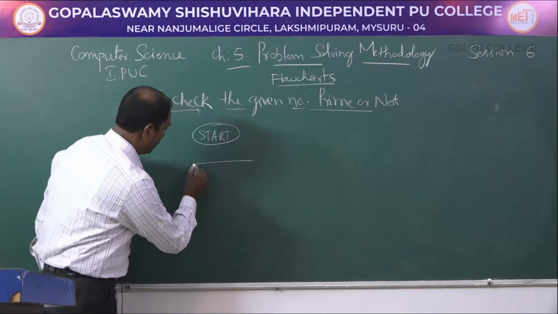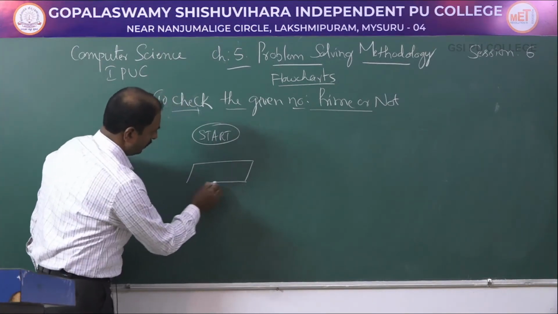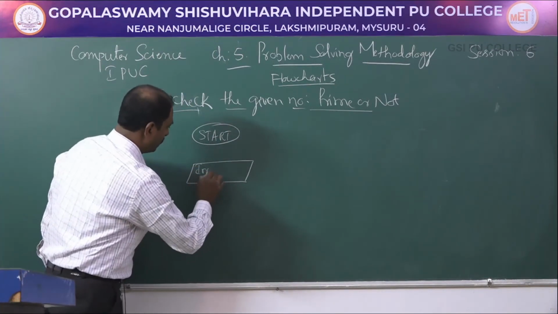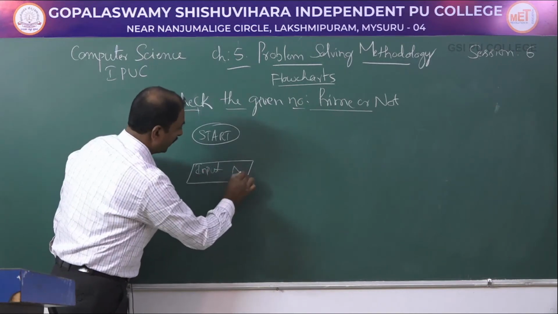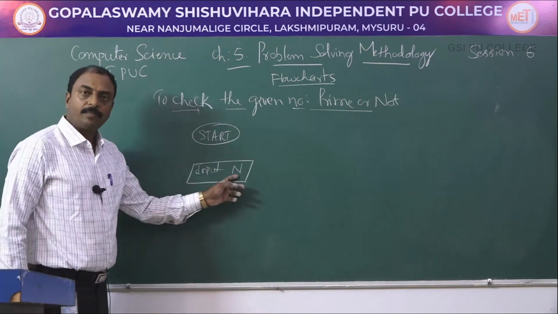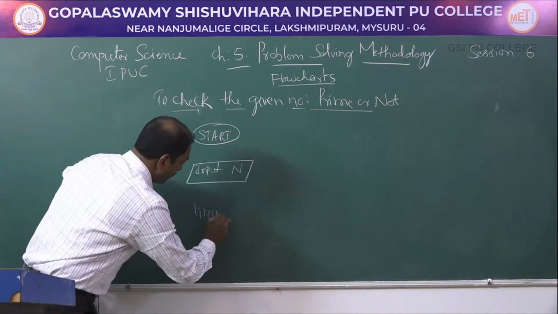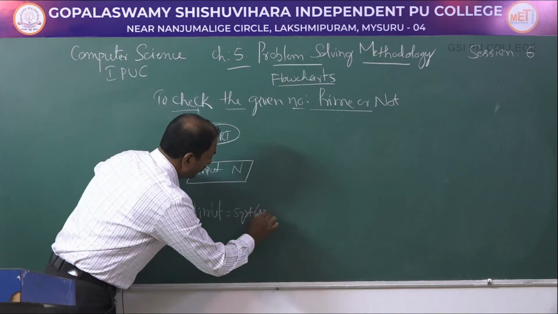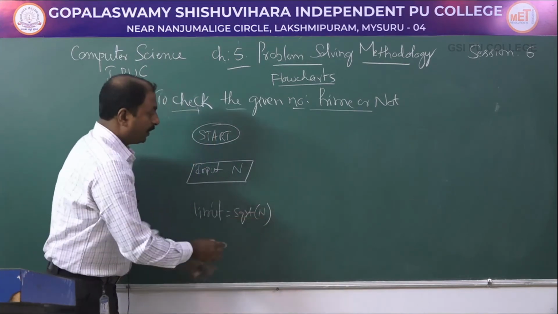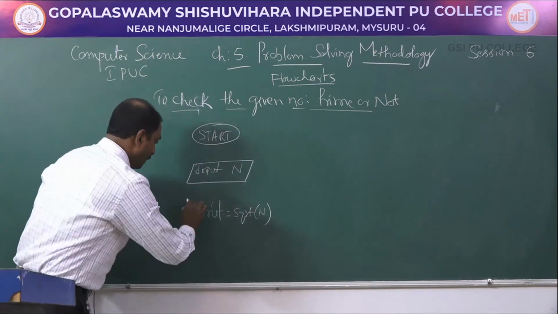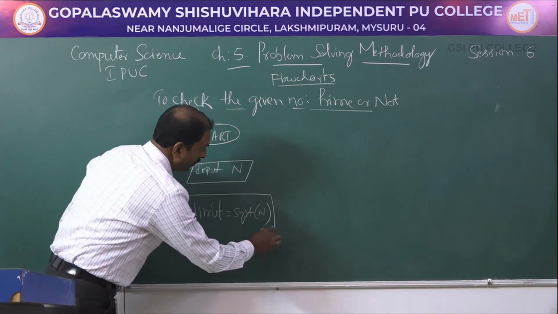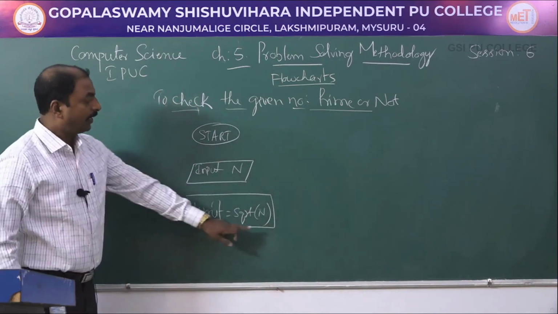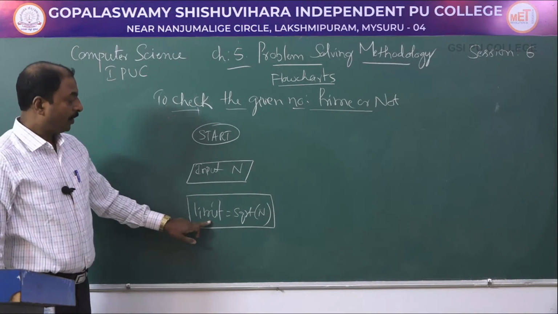Next one is input n. n is the given number, and the limit will be the square root of the given number n. The limit is used to find the square root of the given number and store the value here.